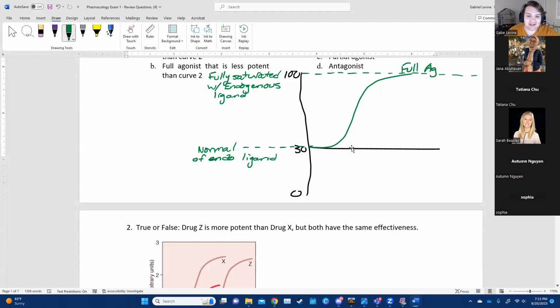If the body wasn't able to increase this, we'd never be able to run away, right? So the body needs a way to go from normal levels to elevated levels. We make this much better by using a full agonist. A full agonist is able to just bypass the need to produce adrenaline by administering a drug.